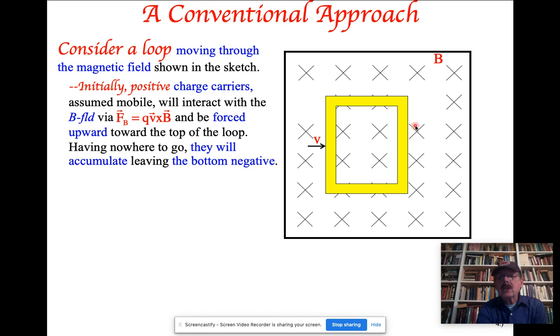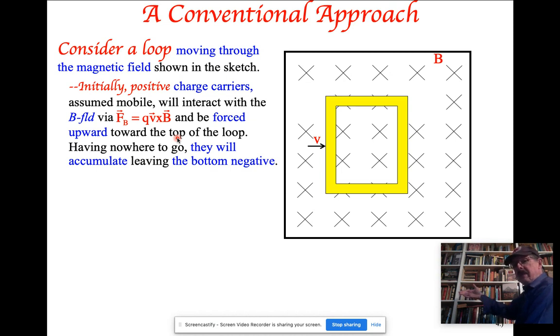You have this wire that has free charge in it, and the free charge is moving in a magnetic field. And when you have charge moving in a magnetic field, according to qv cross B, you're going to get a force on the charge. So the wire and the charge are moving this way.